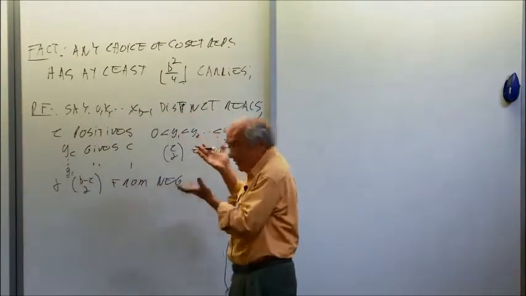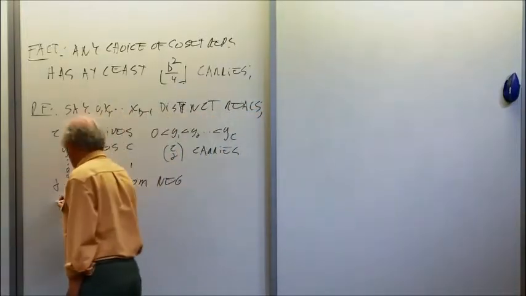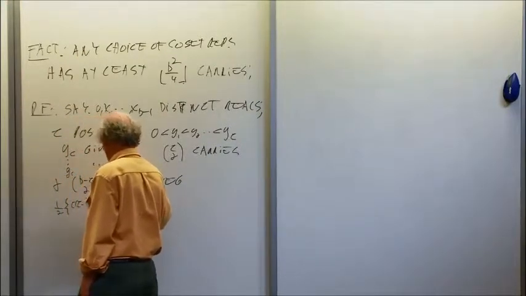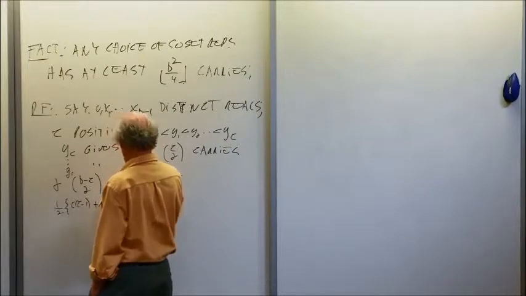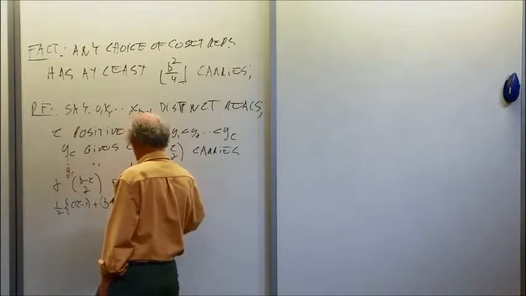And so altogether, whatever choice of numbers you have, it's 1/2 of c times (c minus 1) plus (b minus c) times (b minus c minus 1).